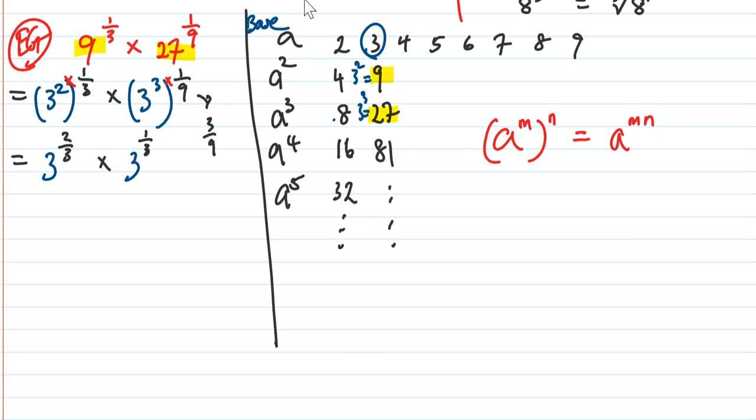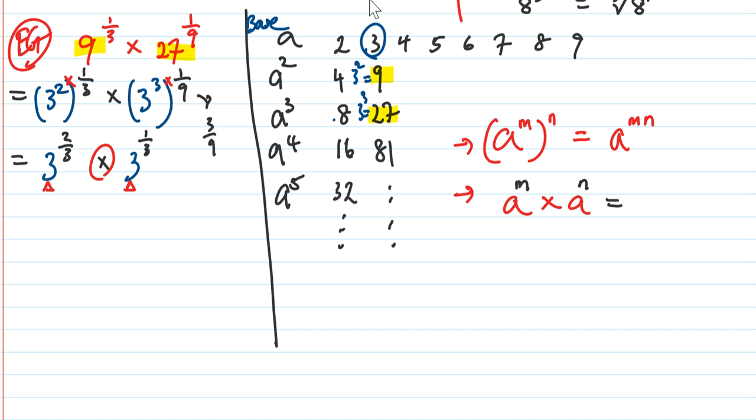And now let's take a look at the question. What we have is base 3 over here, different powers. Same base, multiply. Do you remember which rule we need to use? The rule in this case is a to the power m times a to the power n, same base. Are the powers the same? No, the powers are different. One is, let's say, m, the other is n.